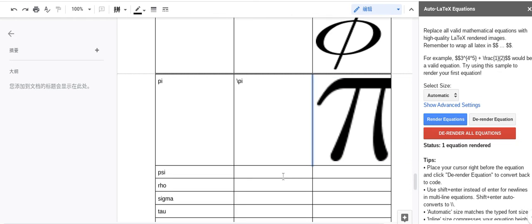That's pi. And the next one is psi. Well, psi basically does the same thing.